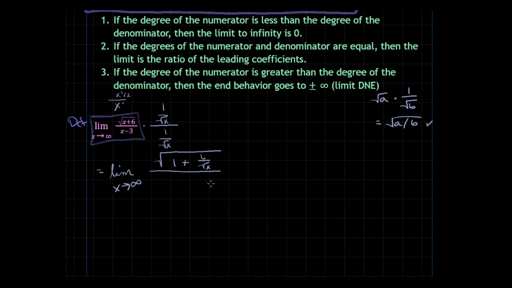Then we have x divided by 1 over square root of x. That's going to be x to the 1/2. That's going to just be square root of x, because this is a 1 power, this is a negative 1/2 power. So square root of x minus 3 over square root of x.